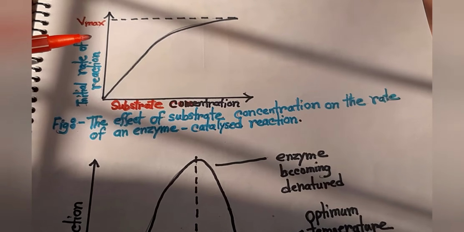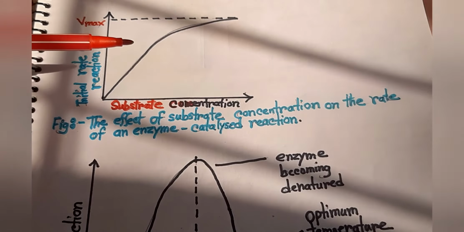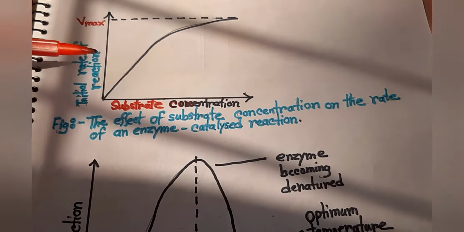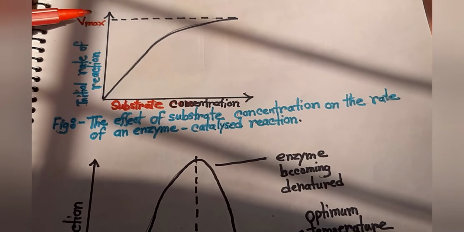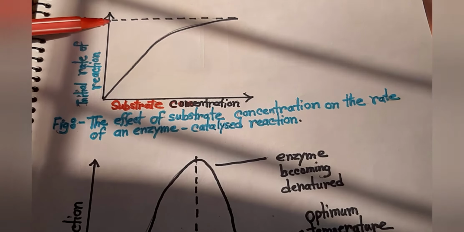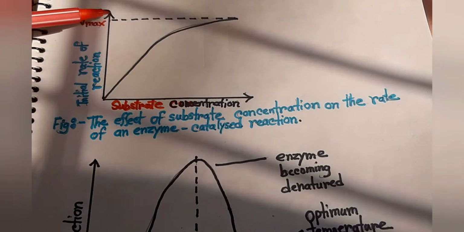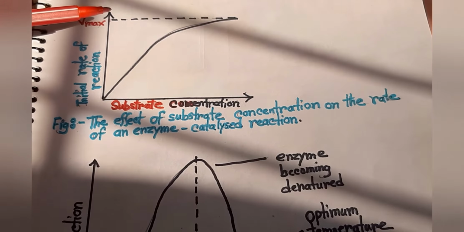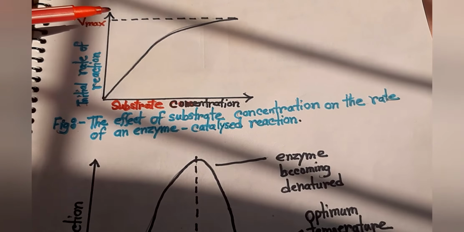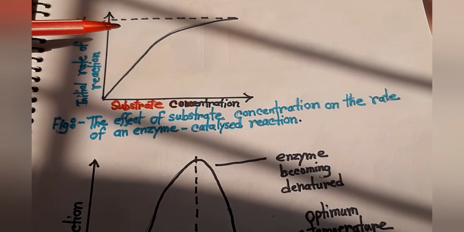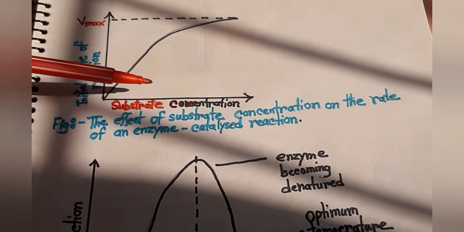So this is a graph. The graph represents the effect of substrate concentration on the initial rate of reaction, and here is Vmax. Vmax is the theoretical maximum rate of an enzyme-controlled reaction, obtained when all the active sites are occupied, and this is the substrate concentration.